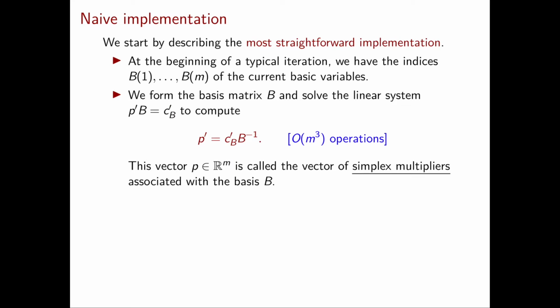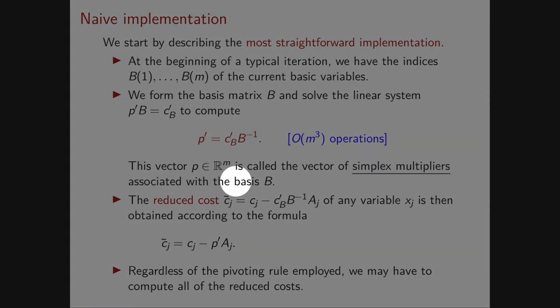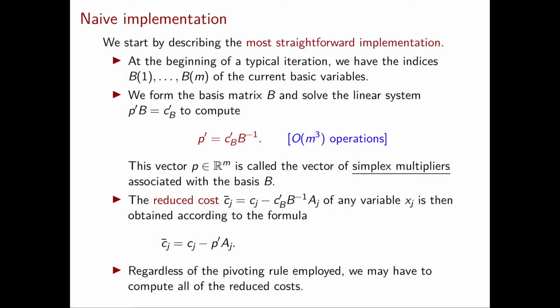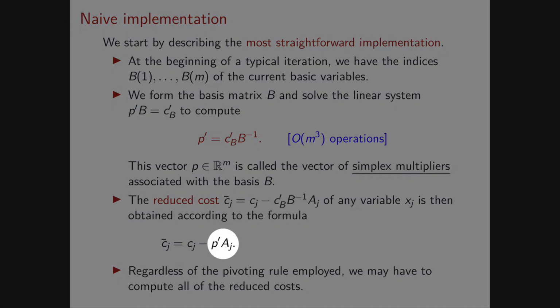Now we're ready to compute the reduced costs. Our formula for the reduced costs is c̄j equal to cj minus cB transpose B inverse Aj. Now that we have calculated the vector of simplex multipliers, we can substitute cB transpose B inverse with p transpose and obtain this simpler formula.